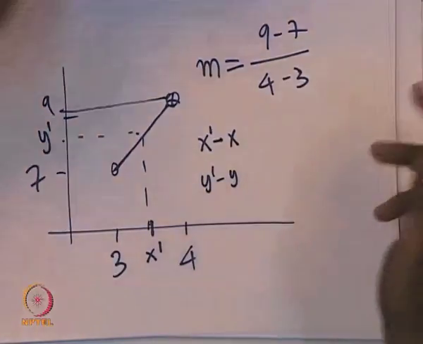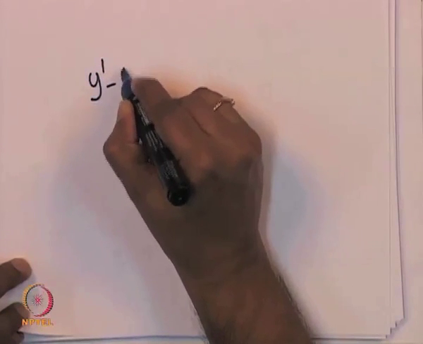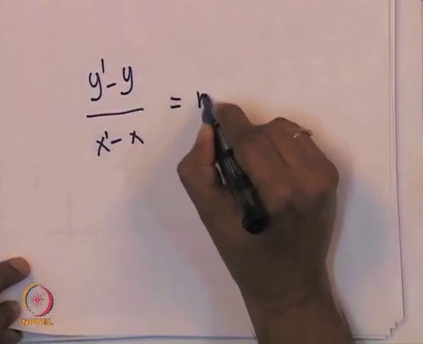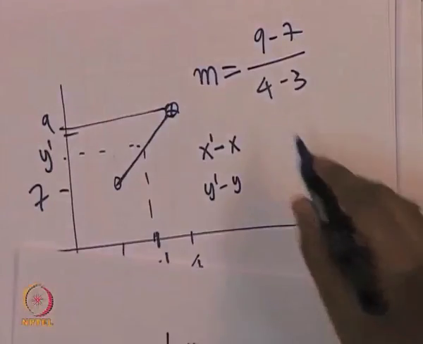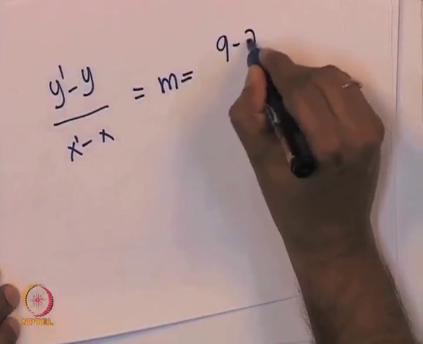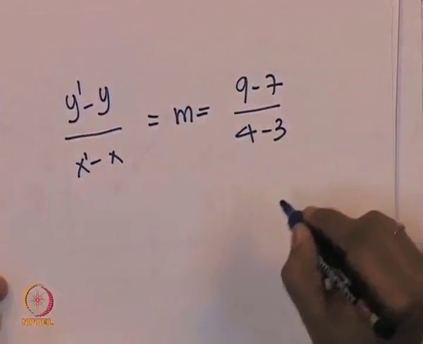If it is a straight line, we know that y prime minus y divided by x prime minus x has to be m, which is the same as 9 minus 7 by 4 minus 3. This is the slope.